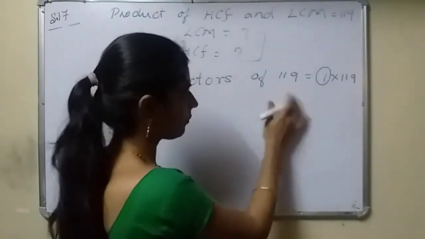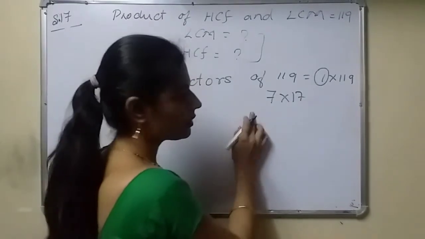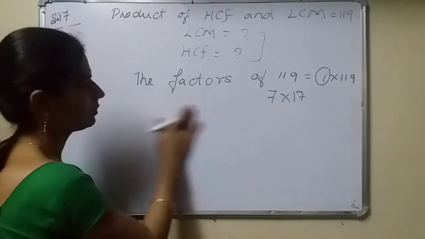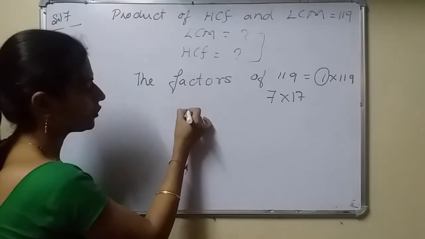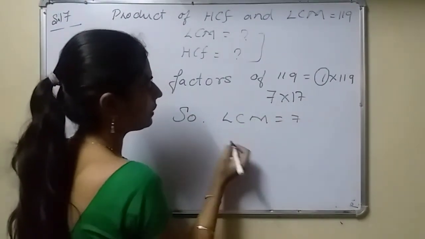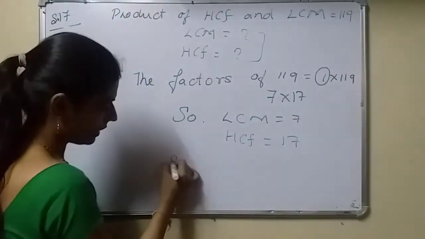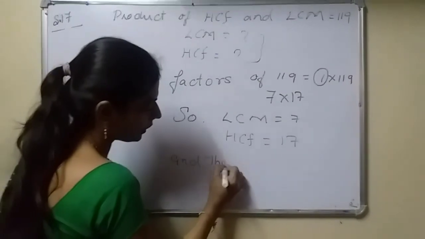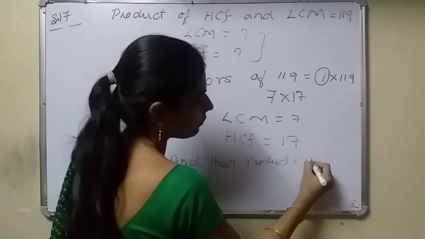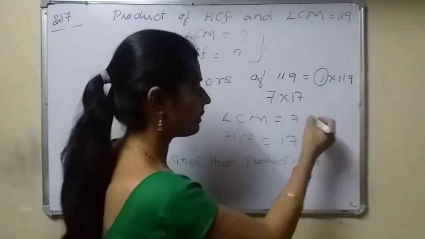It means 7 into 17 is the other factor. So LCM is equal to 7 and HCF is equal to 17 and their product is equal to 119.